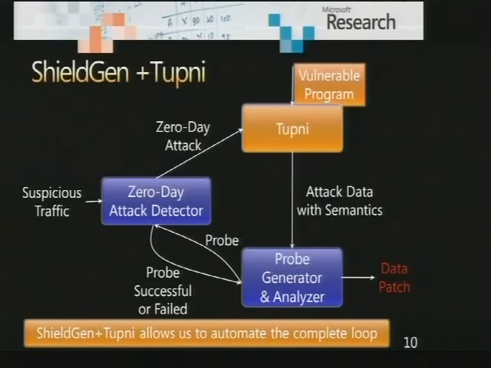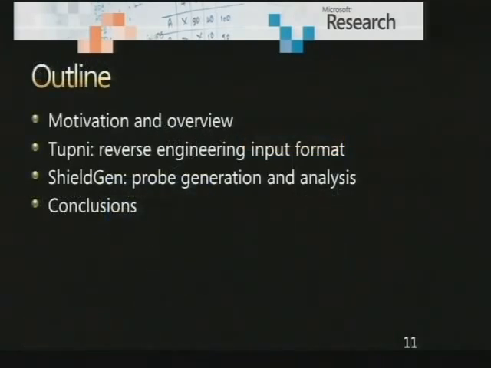With ShieldGen and Tupni, we can automate this complete loop. Basically, once we receive a suspicious traffic, everything is automated, and at the end, we can derive the data patch.